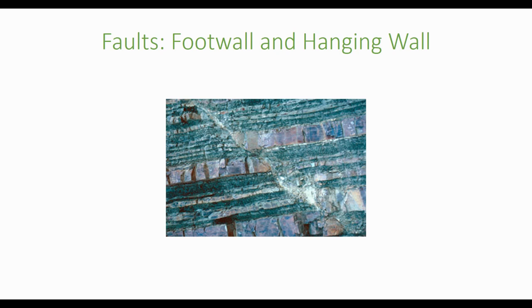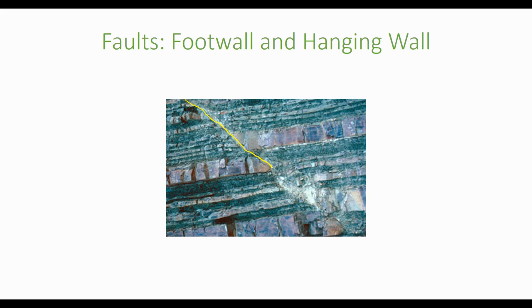We describe faults using the footwall and the hanging wall. The footwall is going to be the side that you can climb up using your feet. That's how we can look at it. So if you look here on this picture, I will use yellow to differentiate between the two walls.